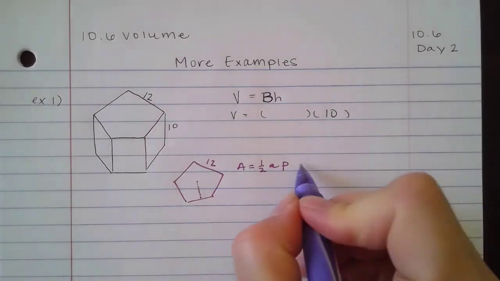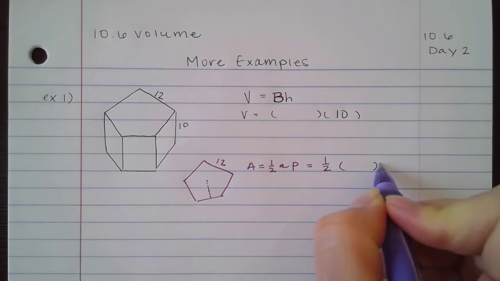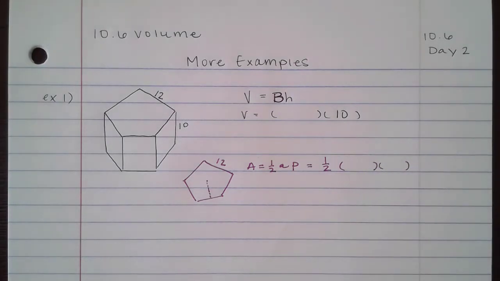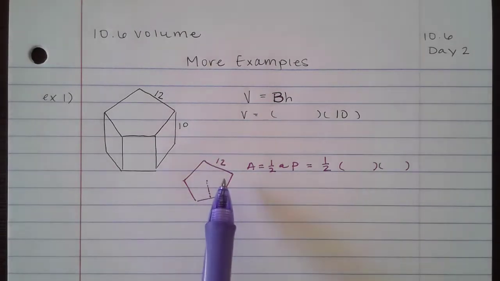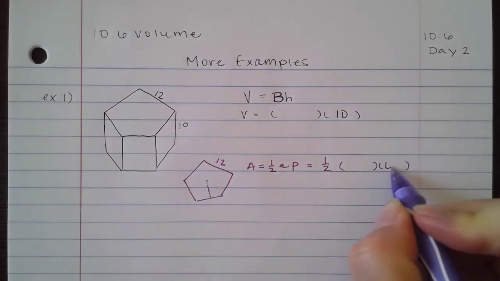Let's figure out what we know and what we're looking for. The perimeter is the easiest one to find because it's a regular pentagonal prism, meaning the base has to be regular. What is 12 times 5? My perimeter there is 60.